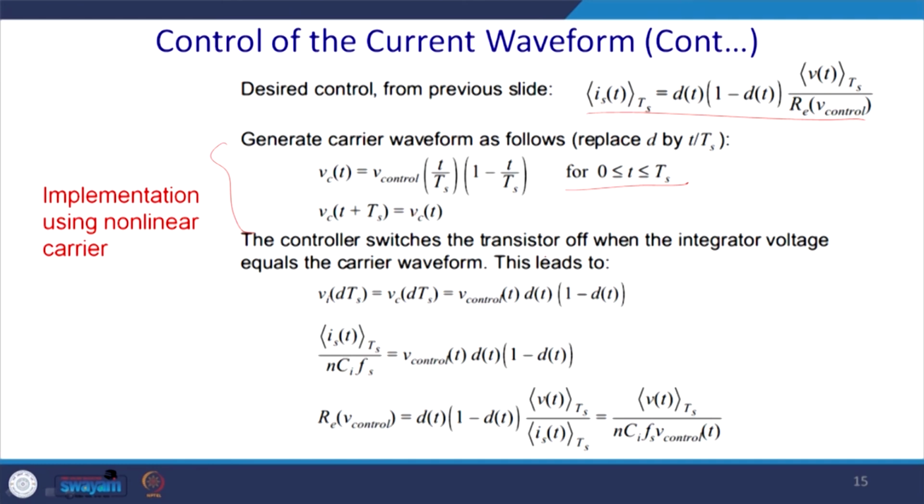The controller switches the transistor off when the integral voltage equals the carrier wave, and thus Vi dTs equals Vc dTs equals V control dt 1 minus dt, and ultimately Re V control equals dt 1 minus dt Vt by Is, and this is the value of the effective resistance or the V control.